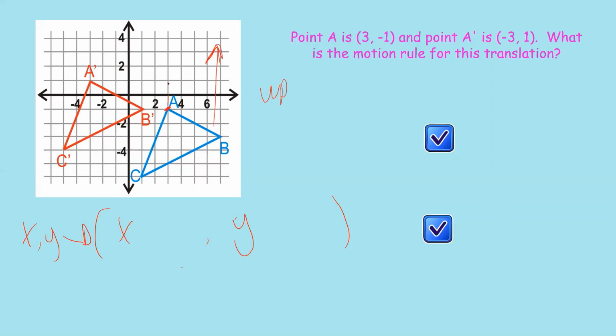And you're going to move up and left. So you're going to go negative on the X, positive on the Y, because you're going up. So up means positive, left means negative. So you're going up 2, and then you're going to the left 1, 2, 3, 4, 5, and 6. That would be your motion rule.